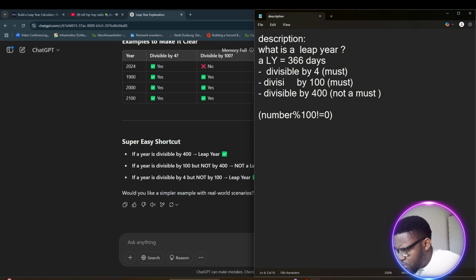If a year is divisible by 100, so equality, 100, leap year, okay, that's the main condition. If a year is divisible by 100, but not 400, let me just appropriate it.